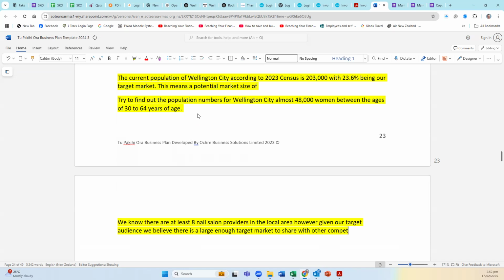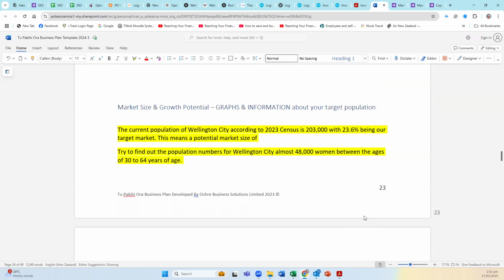In other words, because there's such a large size and there's only about, let's say, 10 to 12, there's plenty enough for you and your competitors to be serviced. And that's what I'm trying to say here. Okay. So yeah, that's it.